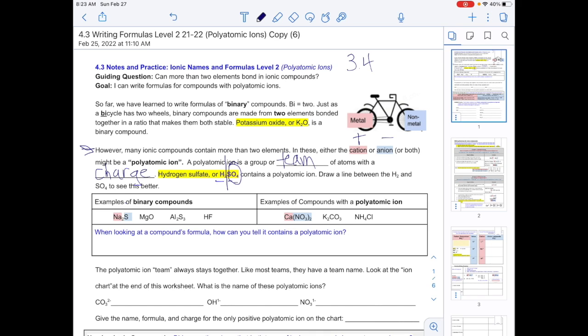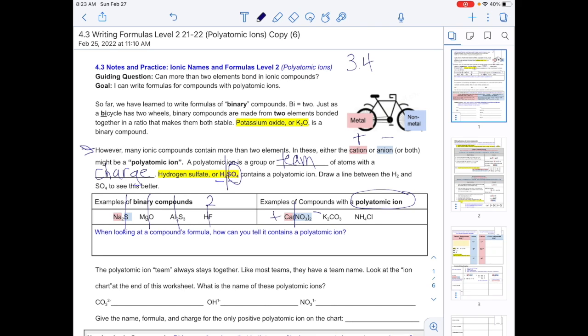So let's look at these binary compounds, which are two elements bonded. If we draw a line between, we can see they each just have two capital letters. And with the polyatomic over here, we see more than two capital letters. For this one, the Ca is the positive, that's calcium, but the NO3 is a polyatomic ion.